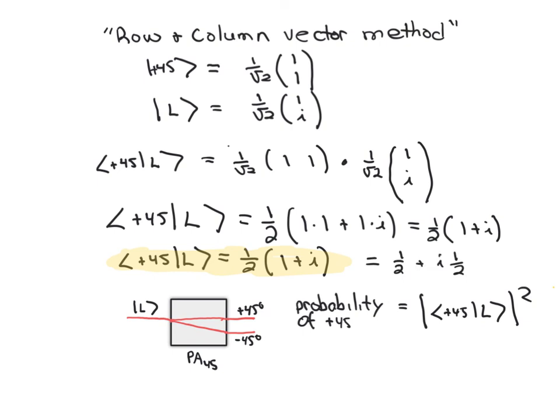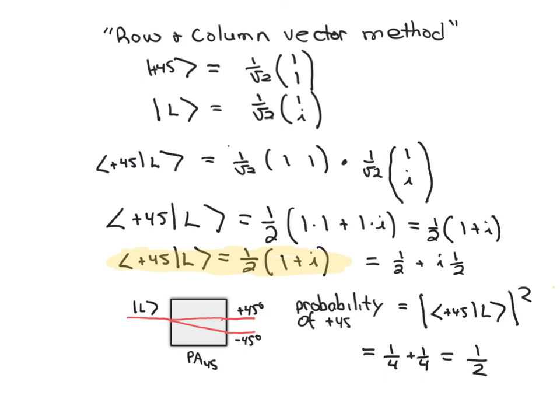Our probability amplitude has a real part and an imaginary part, and the way you calculate the magnitude squared of a complex number is to take the sum of the squares of the magnitudes of the two parts. So when we do that in this case, 1/2 squared is 1/4, and the imaginary part is also 1/2, so when we square 1/2, we get a fourth. So it's a fourth plus a fourth equals 1/2.